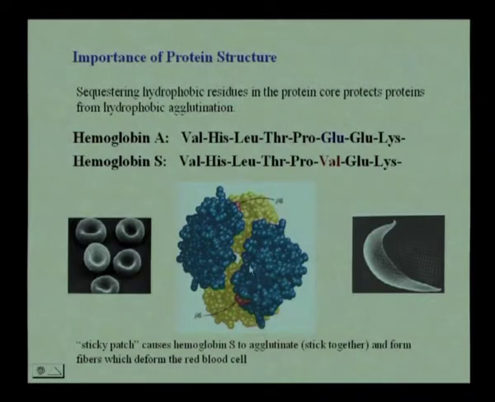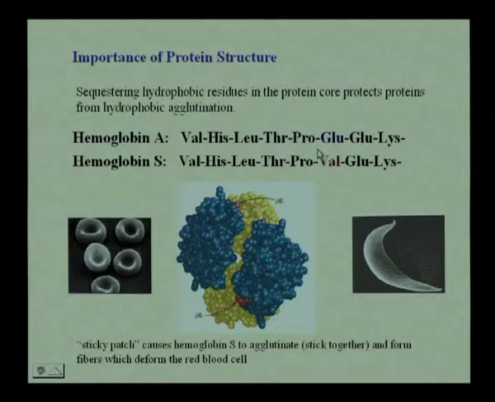Okay? Because what is going to happen? You are going to have another hemoglobin that is going to stick to the bottom of this one. So, you are eventually going to get fibers, and these fibers are what form this sickle cell. This was the first molecular so-called disease that was determined to be solely due to the amino acid sequence of the protein. So, you see how important understanding the whole protein structure is.